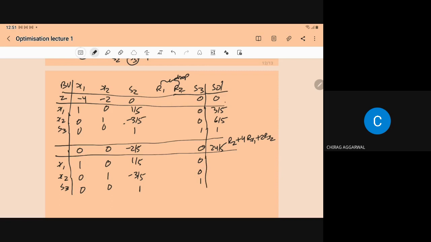Now this is the consistent table, with 3 by 5, 6 by 5, 1. This is the consistent table for the Z.